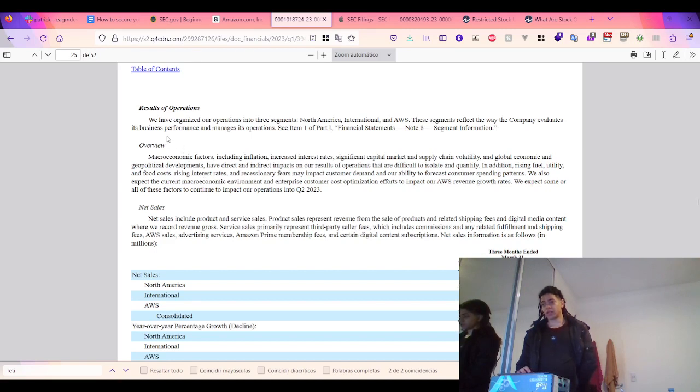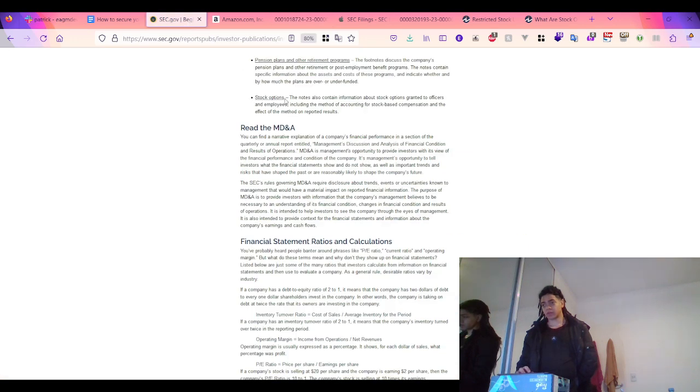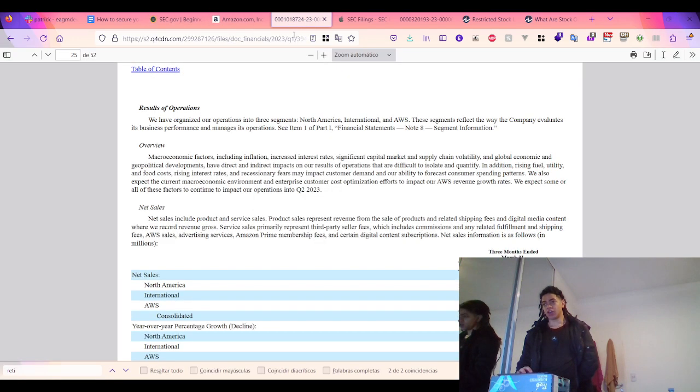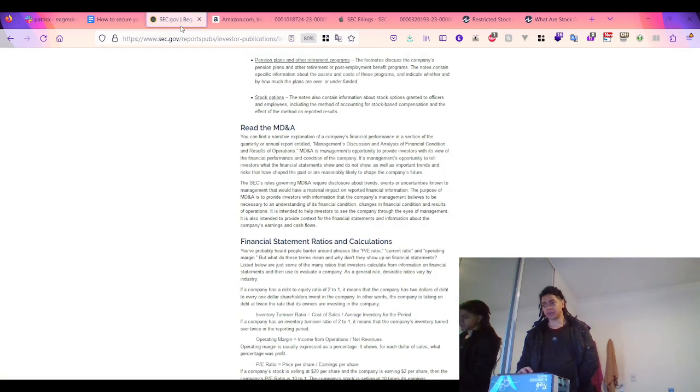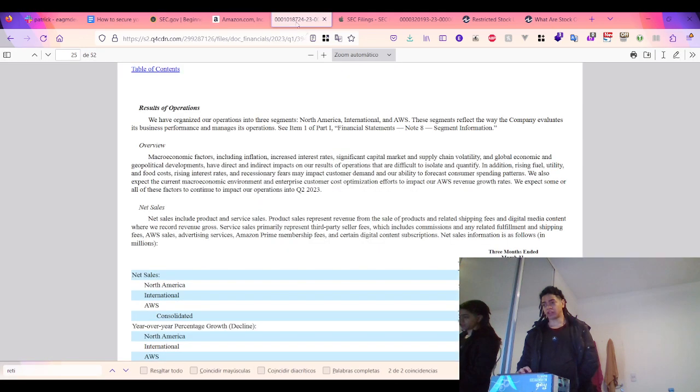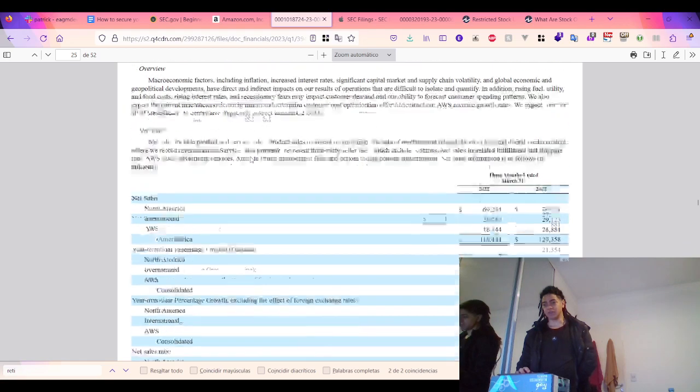Again, this is an opportunity for investors, as described here. It intends to help investors see the company through the eyes of management, and it also intends to provide more context about the financial statements.